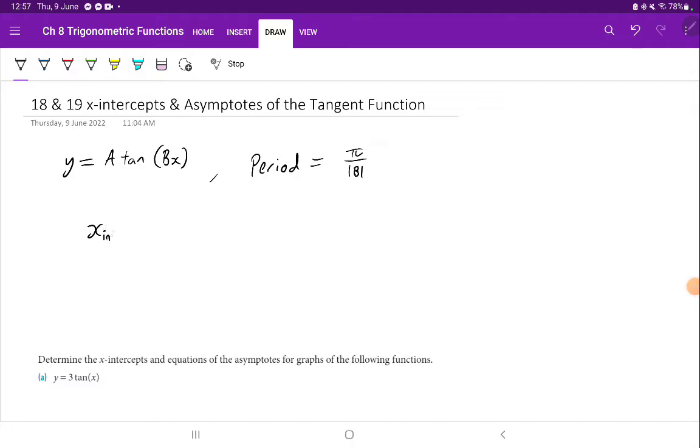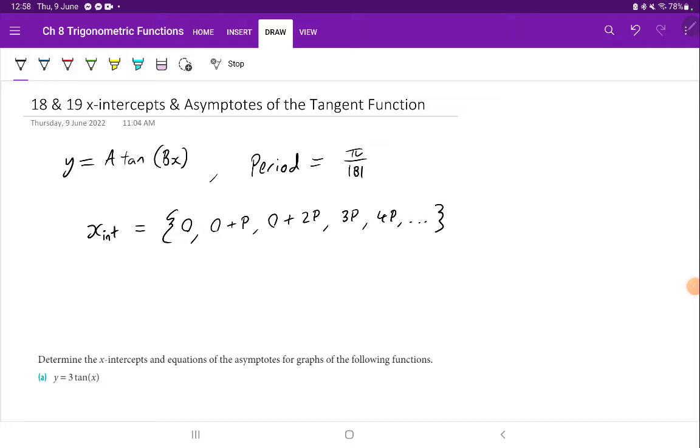X-intercepts are going to be at 0, and then 0 plus the period. So 0 plus period, 0 plus 2 period. Let's just call period p for a second. It's going to be 0, 0 plus 2p, 3p, 4p, and so on and so forth. All right, because we haven't moved it anyway.